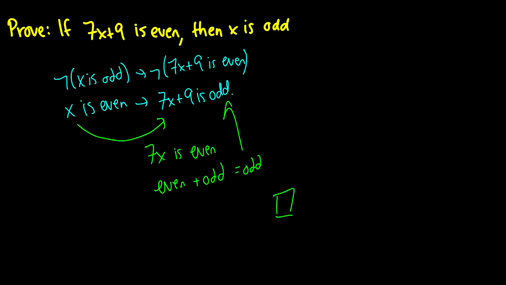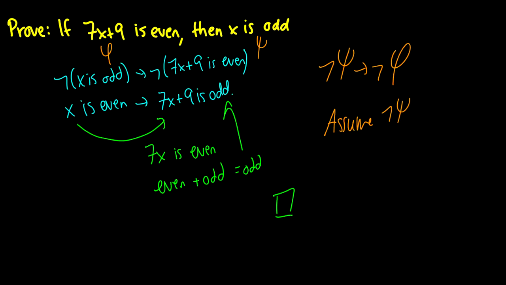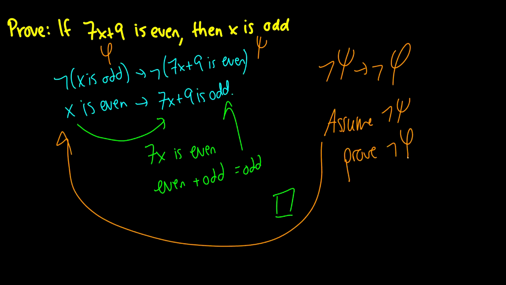I'm saying, okay, let 7x plus 9 be phi, and let x is odd be psi. Now, I'm going to prove not psi, arrow not phi. So what you do is you assume not psi, which is what I did here, and then we prove not phi, which is what I did there. So, really not too bad. In fact, a little bit easier than doing it in a direct proof.